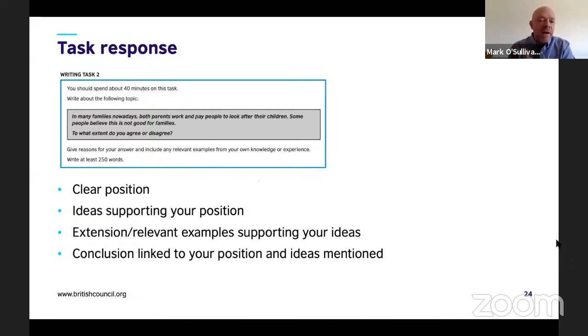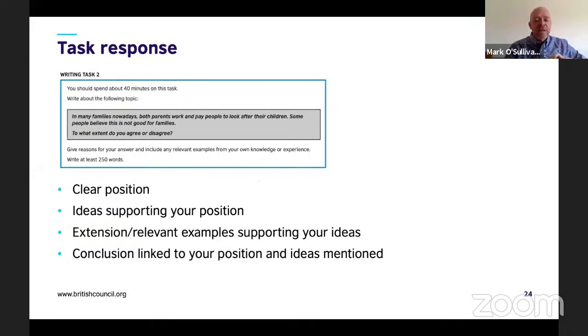And do they have ideas that support? So if they say they agree, have they used ideas that back up that? Or if they acknowledge that people have a different opinion, do they have ideas to support that point of view? Those extension of ideas and examples, are they adequately supported? Do they make sense in what people are saying?